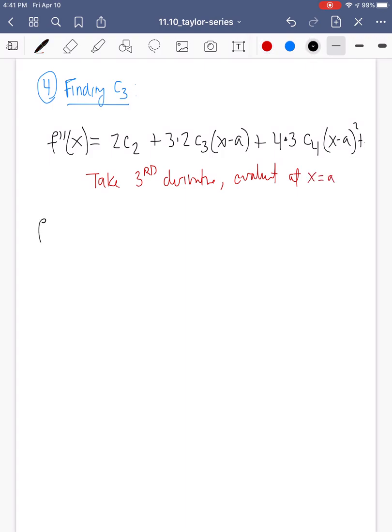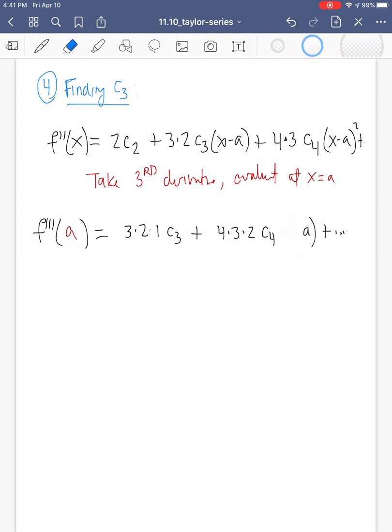And when we go ahead and do that, we get the third derivative at a is equal to 3 times 2 times 1 times c3, coming from the derivative of x minus a to the first, plus 4 times 3 times 2 times c4 times x minus a, plus all the higher order terms in that. Oops, sorry, that's not x minus a, that's actually an a minus a.